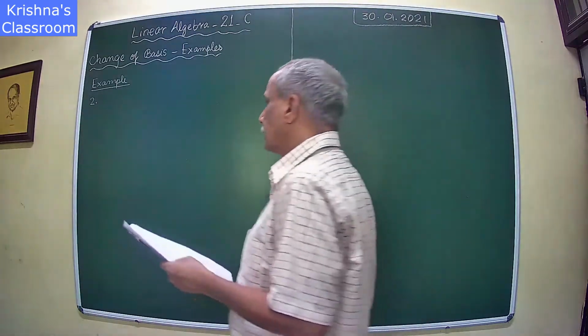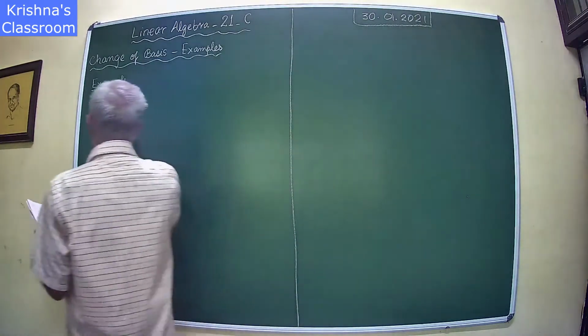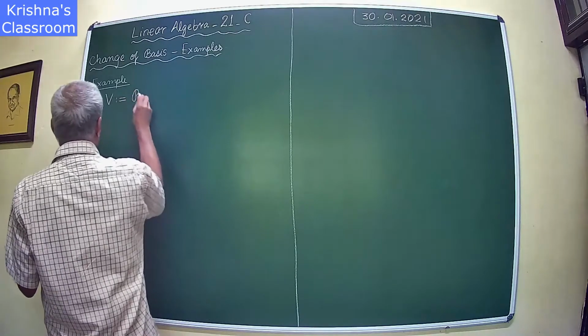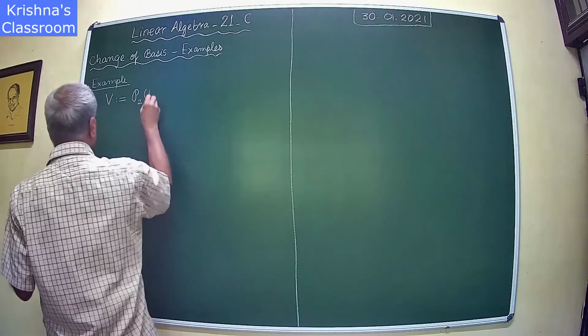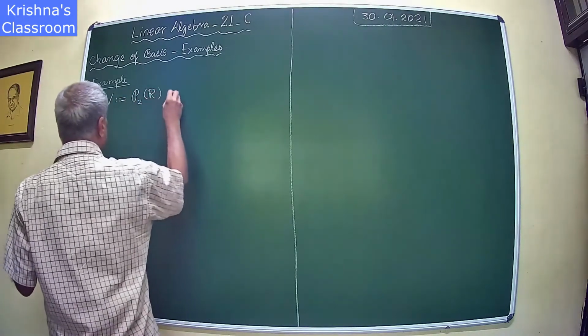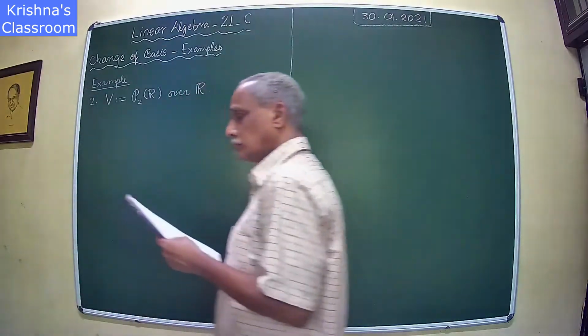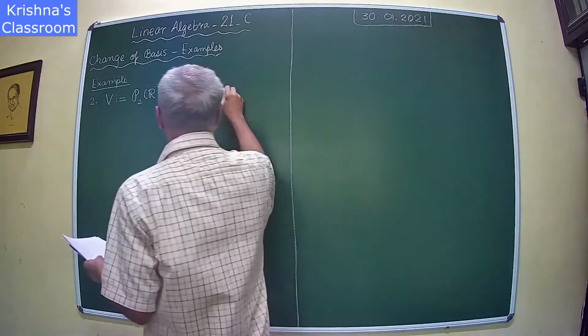Let us choose V to be P2(R). Then the dimension of the space V is 3.